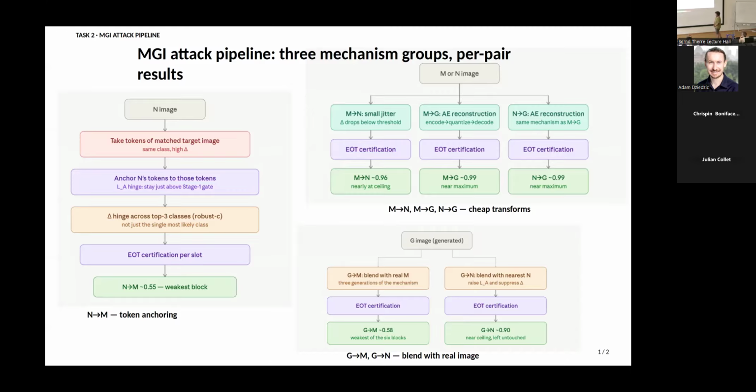Which one are you asking is bad? I mean, the difference between G to M and G to N. It's okay, we blend with different pixels. From G to M, we blend the G with membership, and here we blend the G with non-membership. Okay, thank you.